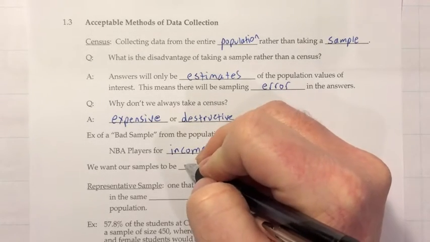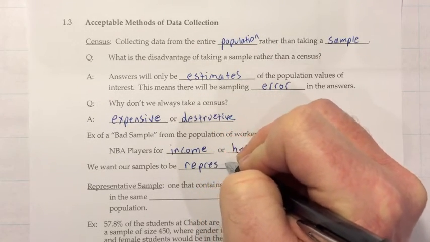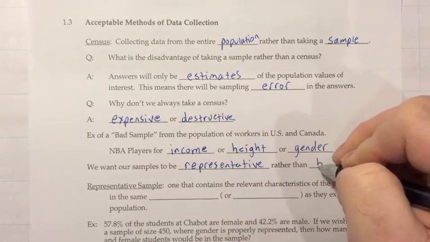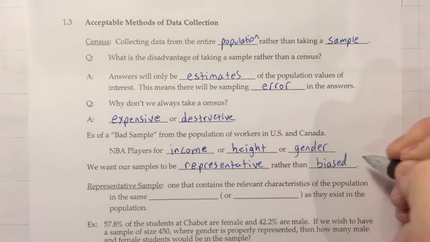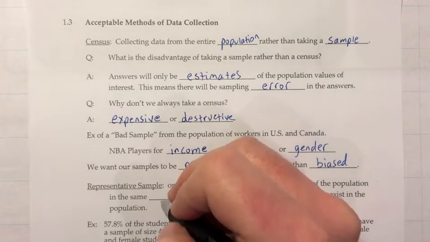And we want our samples to be representative rather than biased. So a representative sample is one that contains the relevant characteristics of the population in the same proportion or percentage as they exist in the population.